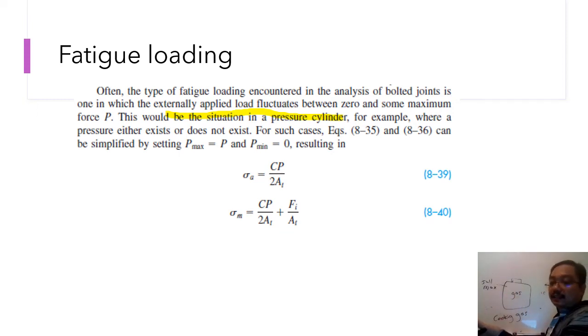When the gas is finished, there is no gas, so the pressure will be minimum. So this is the meaning of pressure cylinder. This is an example of a pressure cylinder.